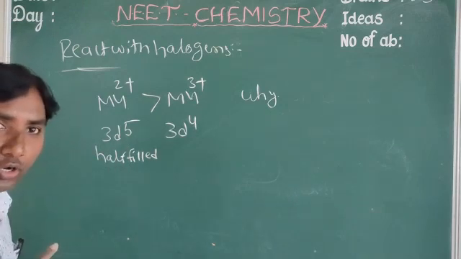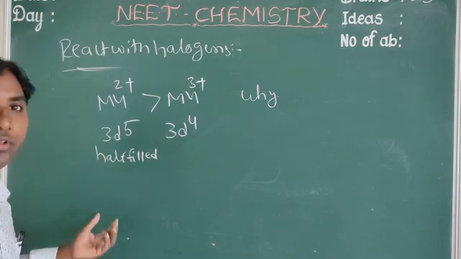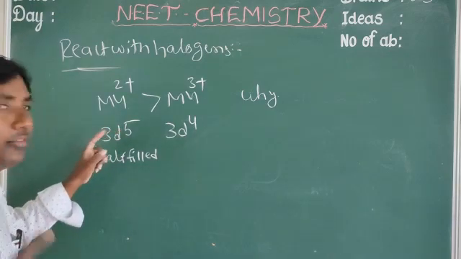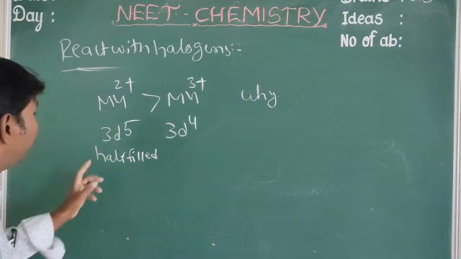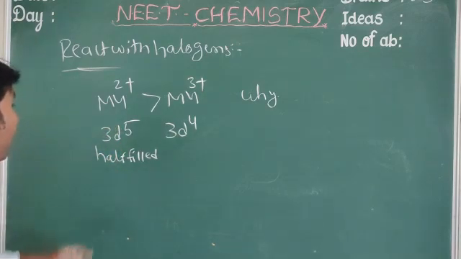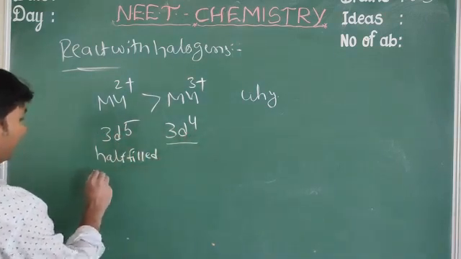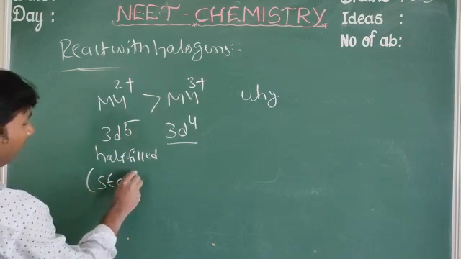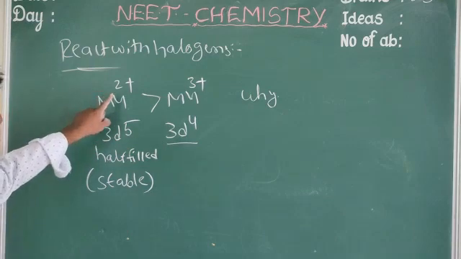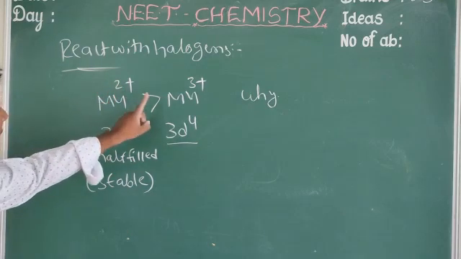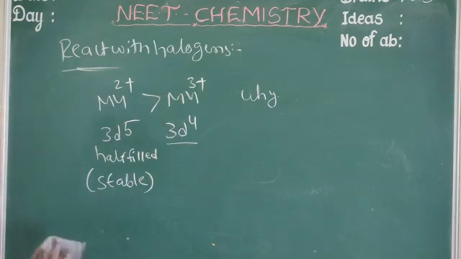According to Hund's rule, a half-filled subshell is very stable. The d subshell holds a maximum of 10 electrons, so 5 means half-filled. That's why Mn2+ is more stable than Mn3+.